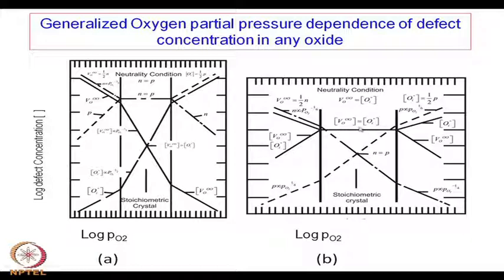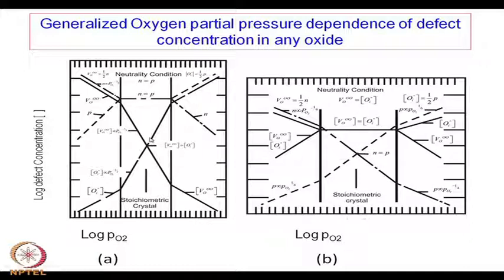The plateau here is because of this neutrality condition, that is, oxygen vacancy and oxygen interstitials. That means in this region the ionic defect concentration, or the ionic compensation, is predominant over the electronic compensation. So, the concentrations of oxygen vacancy and oxygen interstitials are much larger than the concentrations of electrons or holes.